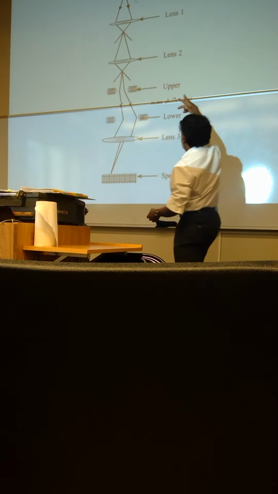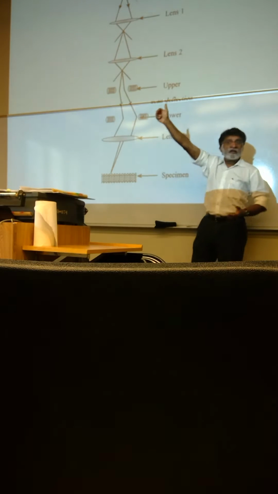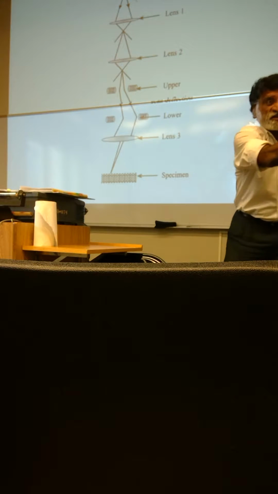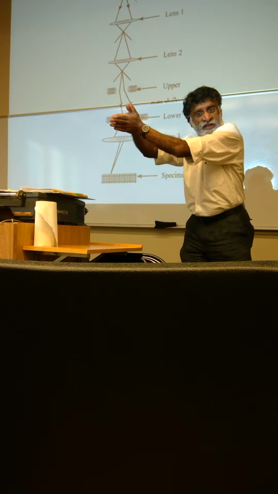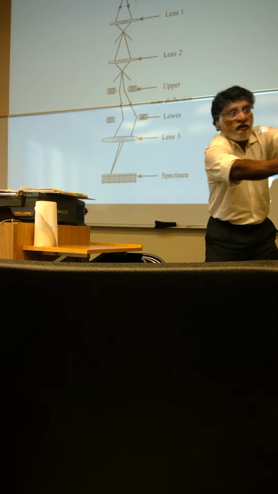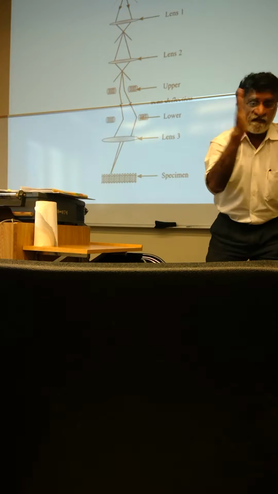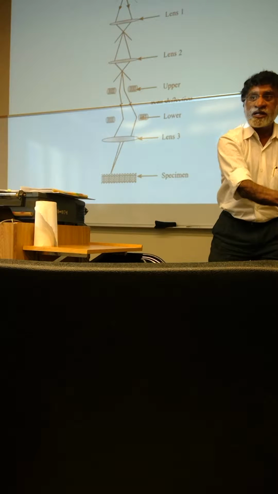Then there are these two coils. These are the so-called scan coils. So when you have the beam and you're scanning the beam across the surface, if you just have one coil, what happens is that the beam is deflected along here. And when it goes away from the optic axis, the image characteristics deteriorate.